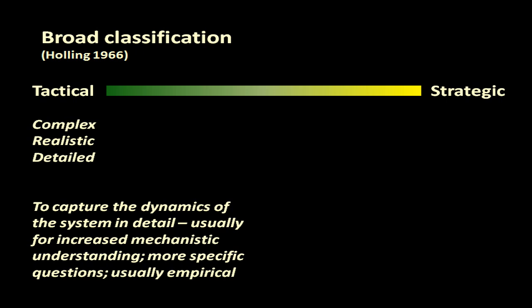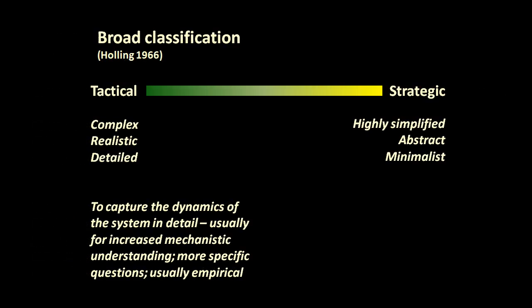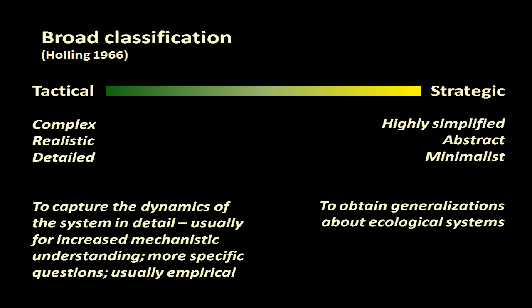You have more specific questions, and usually the data for the models are empirically derived. Versus on the other side of the spectrum, you have your strategic models, which are highly simplified, abstract, minimalist. These models are used in order to obtain generalizations about ecological systems. So that's just one way of thinking of the purpose of models, that gradient of tactical and strategic.